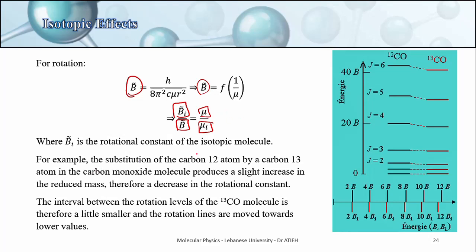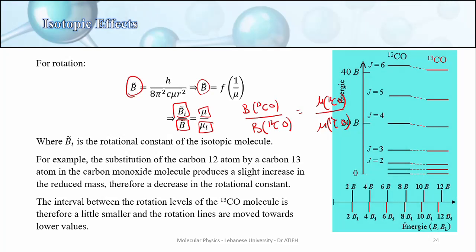For example, if we are taking C12O and C13O, then B for C13O over B for C12O is equal to mu for C12O over mu for C13O. We have already seen that in previous exercises in chapter 2.